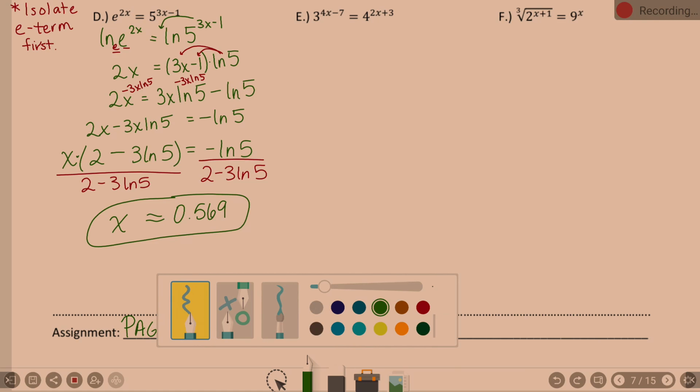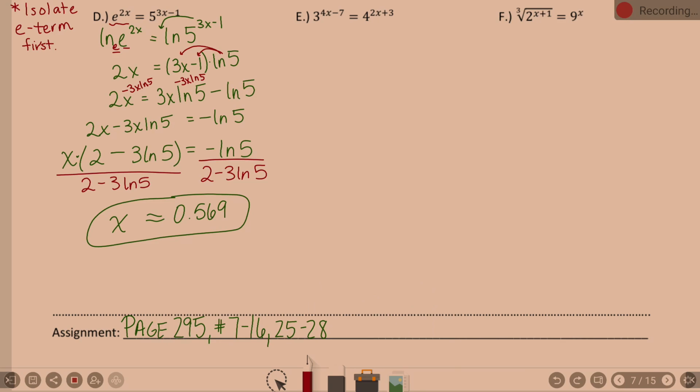I'm more thinking downfall of my notes. Sometimes my notes have gaps in them, and I've realized, these types right here where there's e, you're going to see several with e. Okay, get that e term by itself before you take the log of both sides. That's going to be my suggestion. Now, if you get motivated and want to try E and F, you can do that. I think E is a lot like C, so that's why I'm not as concerned about that one.